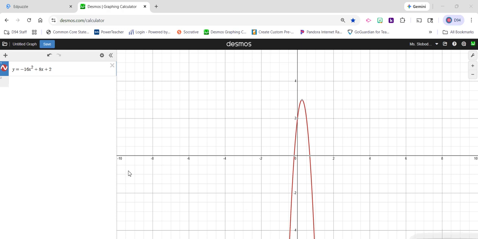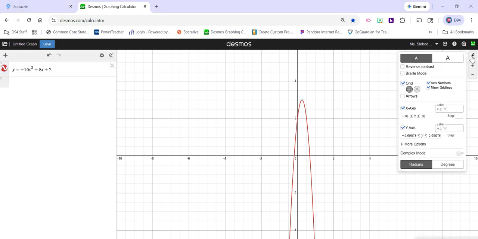So here's our basic graph of my function. And I can see it here. Now, because we're talking about hitting a birdie, some of these things don't make sense to see on my graph. For example, my heights should be positive values in the real world, as well as my times. If I go back here to the wrench, I could adjust it. I don't really need to see to negative 10 for my inputs for time.